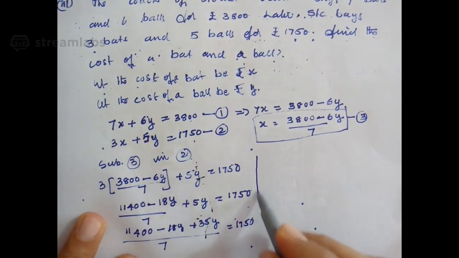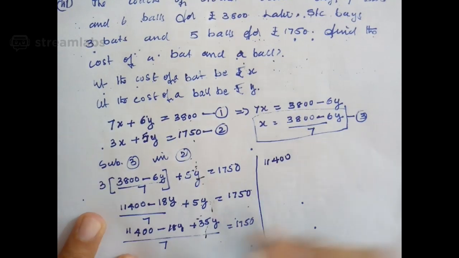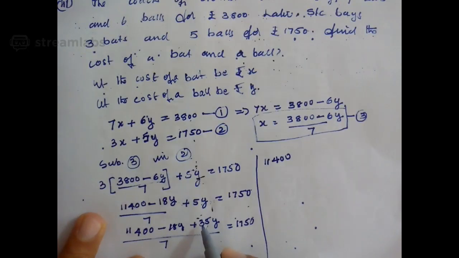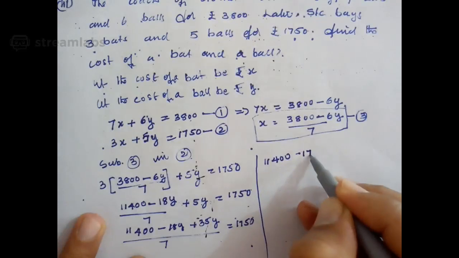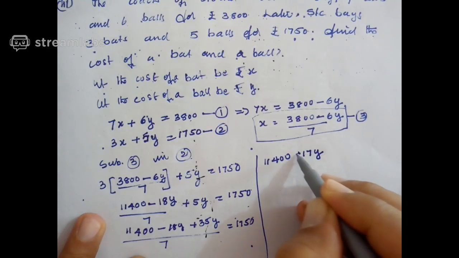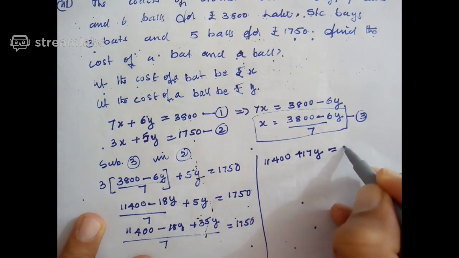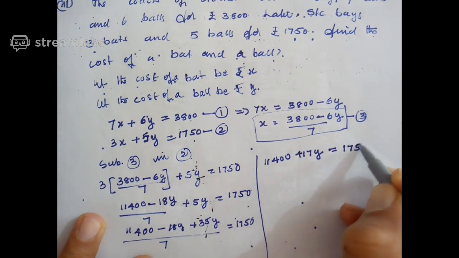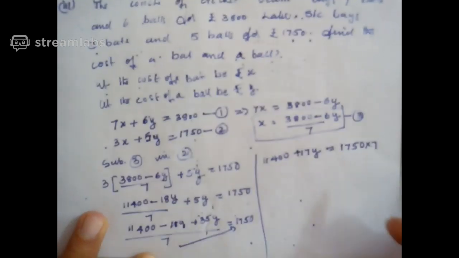Now what is the next step? 11,400 minus 18y plus 35y. How much is it? Plus 17y, is equal to 1750, and this 7 comes here into 7.